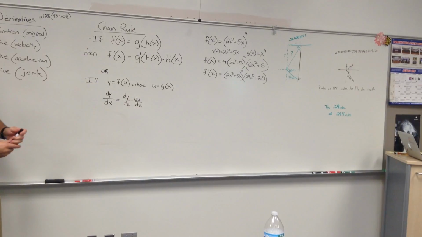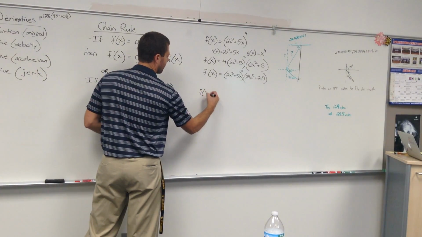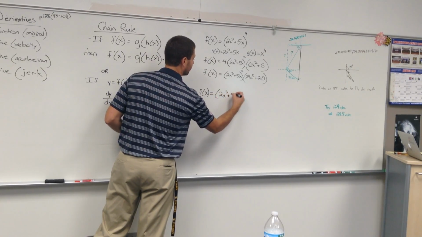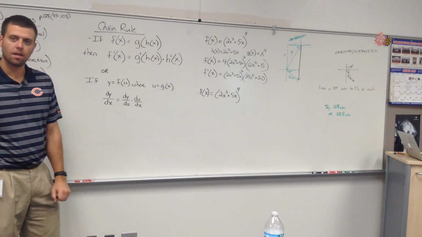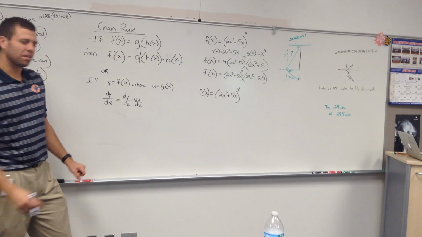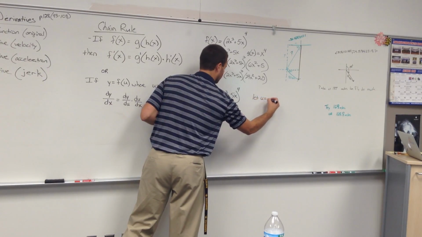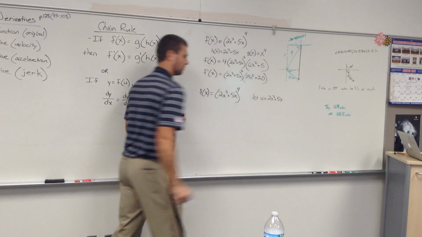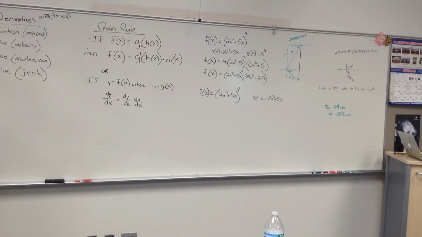Now I'm going to show you how this u substitution would work. So here's my original function. f of x equals 2x to the 3rd plus 5x, all to the 4th. Okay? So over here to the side, I'm going to let u equal 2x cubed plus 5x. I'm going to let u equal what's inside the parentheses.